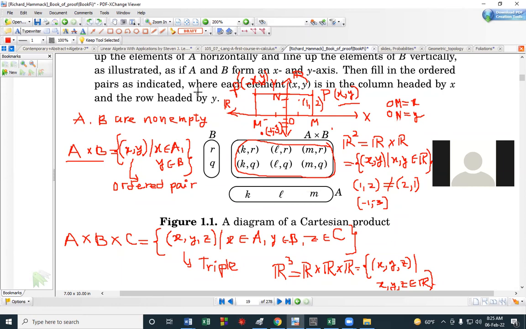In this way, every position is represented by an ordered pair, and conversely, every ordered pair represents a point in the plane. So this R2 or R cross R is an algebraic or set theoretic representation of this geometric object, what we call the two-dimensional plane.